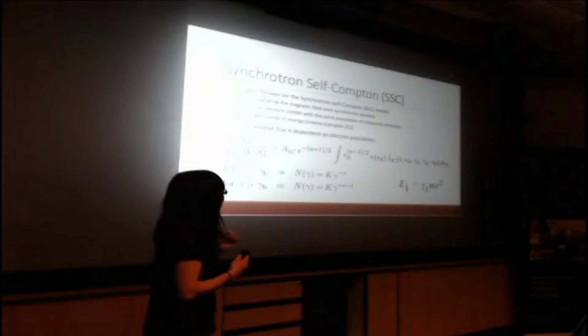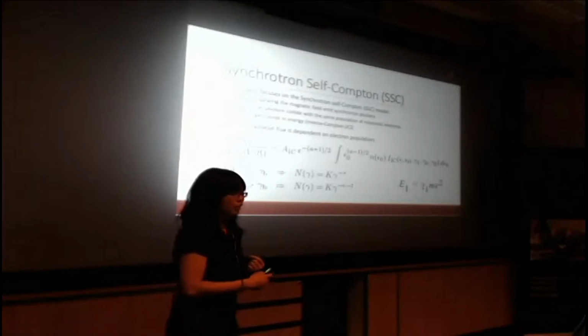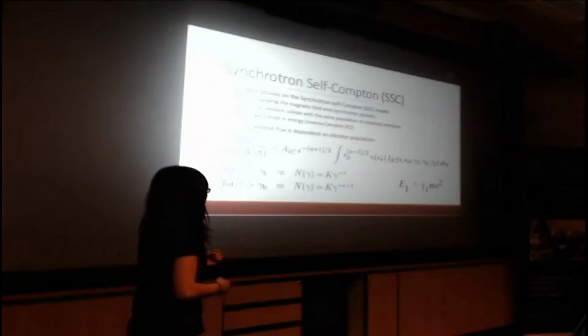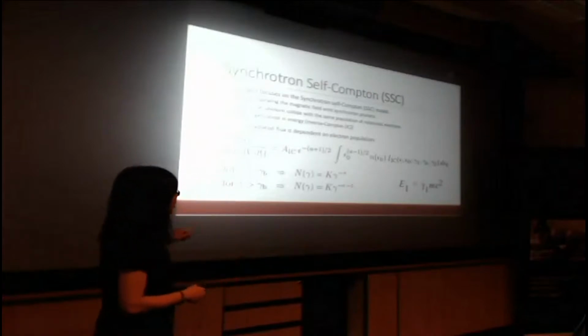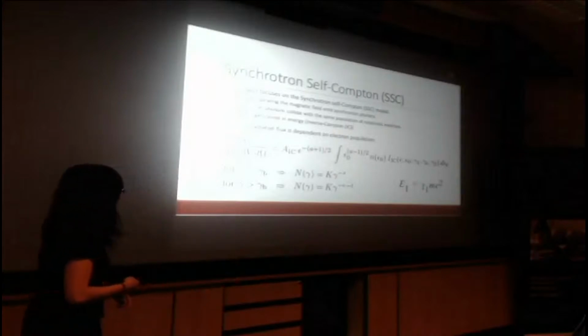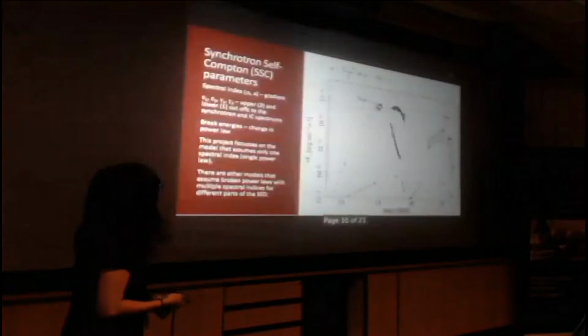So that means the flux is dependent on the electron population according to this equation, but this is really complicated. So there's a simplified version that just points out the power law relation quite clearly. This is for the inverse Compton, and that's for the synchrotron.